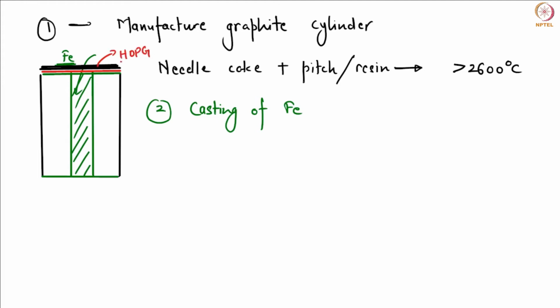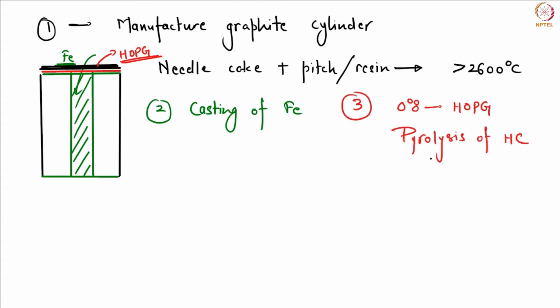Because we have 0.8 degree of mosaic spread, and this is the HOPG part. And for making HOPG, the standard process is basically pyrolysis of a hydrocarbon. You can also call it a CVD. So basically this is a pyrolysis of hydrocarbon. So this is our step number 3. So this is for making the top layer.